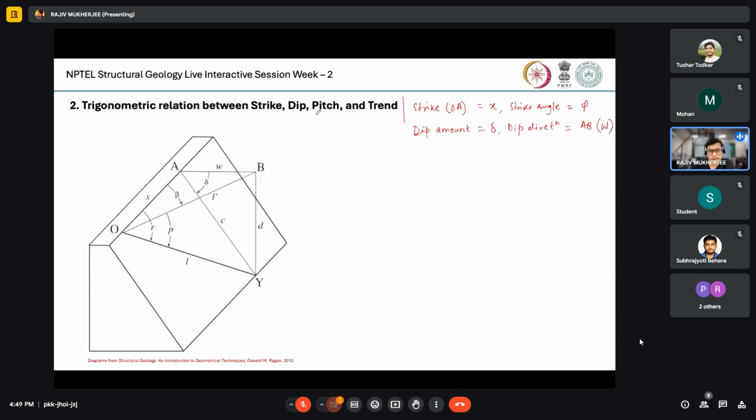Now we will need to identify which is the pitch and trend. So what is pitch? Pitch is basically the angle between any lineation and the strike of the plane, measured on the plane itself.